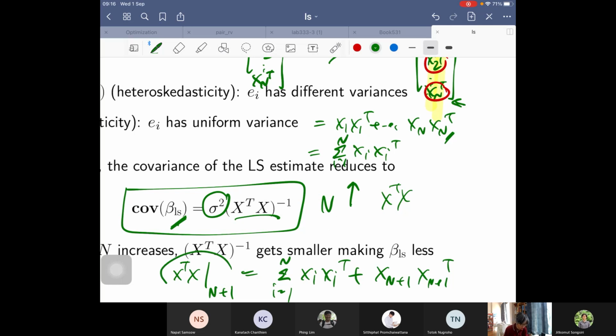So X transpose X based on n plus 1 data points can always be decomposed as X transpose X using n data points plus some other term, but that other term is also non-negative, right? So it means that X transpose X is bigger when data increases.